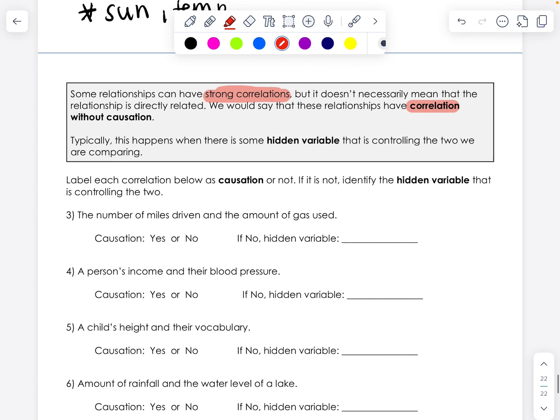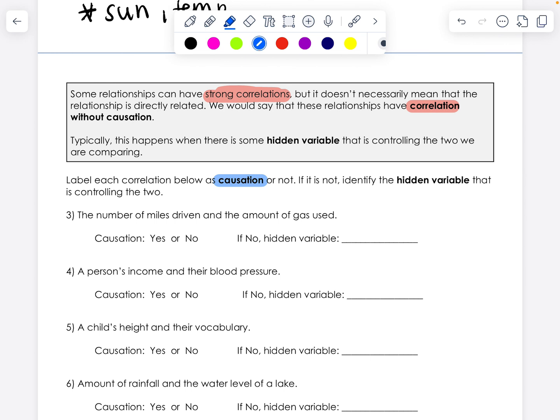So what we want to do is we're going to look at a couple examples and decide, is there a hidden variable? Is it correlation or is it causation? And what I always tell myself is to have causation, it must always cause the other thing. If it's not always the only cause, then it's just a correlation. It just has some sort of relationship, but there could be other things impacting it.